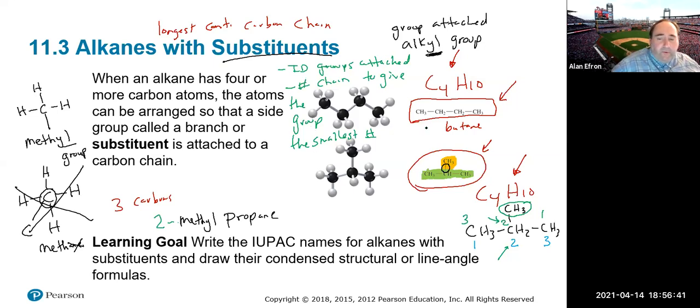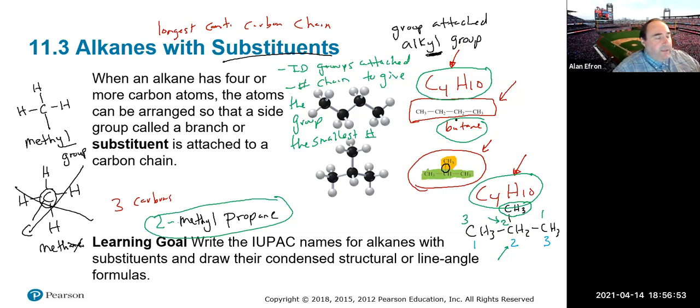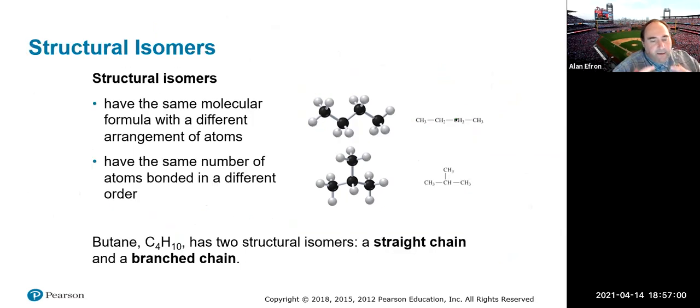Now, coming back to what we're looking at, they both have the exact same molecular formula, but they have different names. One is 2-methylpropane, one is butane. These are things that are related to each other. These are guys that have the same molecular formula, but a different connection. And those are what are known as isomers.